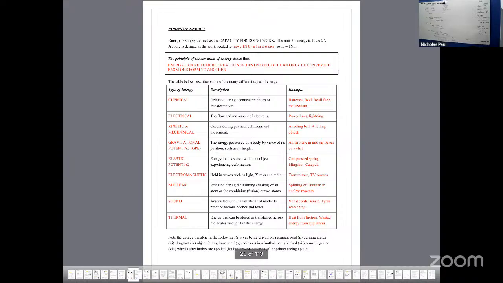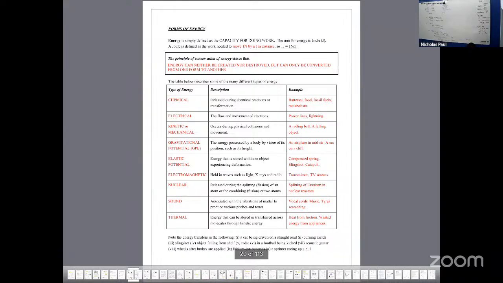So I want to read out these 2 pages. We have all these different types of energy: chemical energy, electrical energy, kinetic and mechanical, gravitational potential, elastic potential, electromagnetic, nuclear, sound and thermal. All these are different forms of energy. And there is one conservation that we have to learn, the most important.